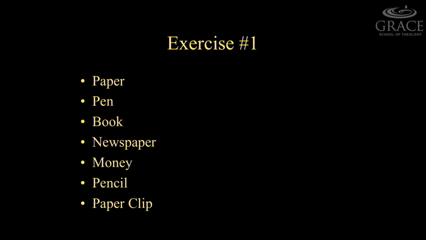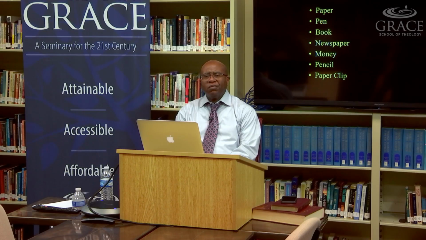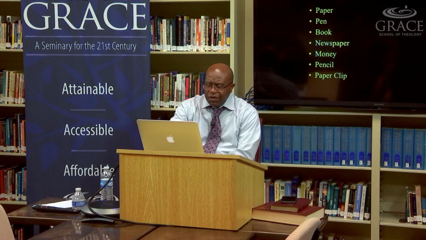So some students will say paper and pen, and a book can be things that you use at school. Other people would say paper and pen would be office supplies, book, newspaper, money, all involving paper products, things like that. So they would group them like that. Then I give this other list.